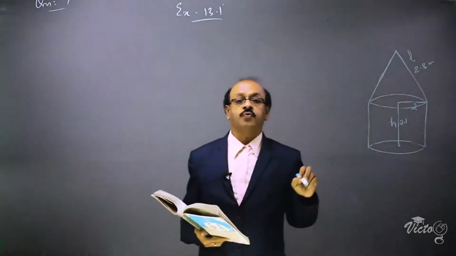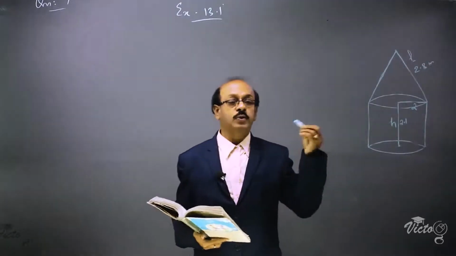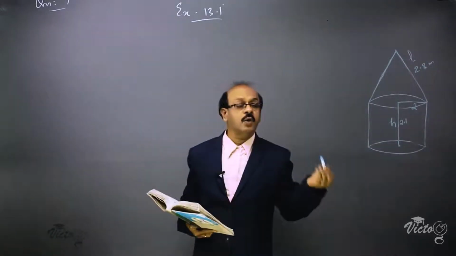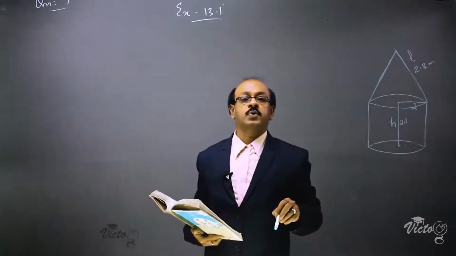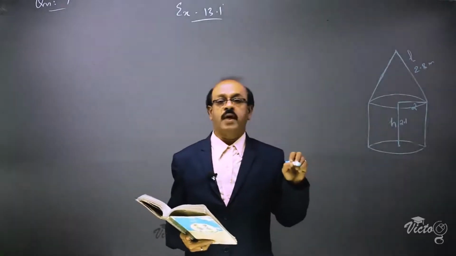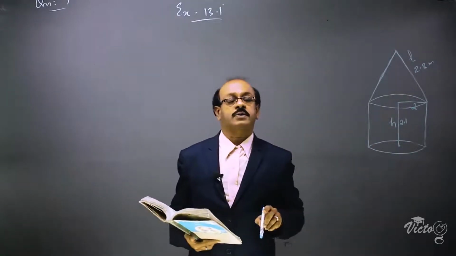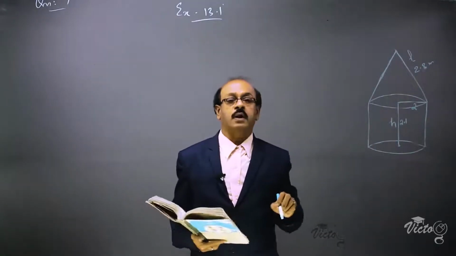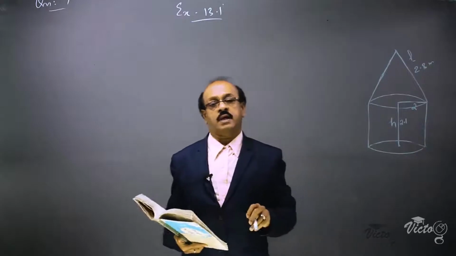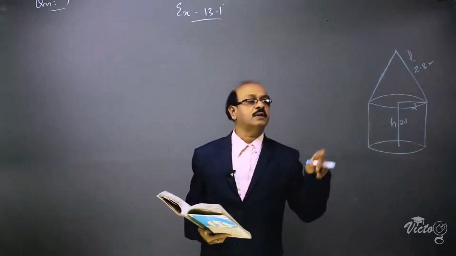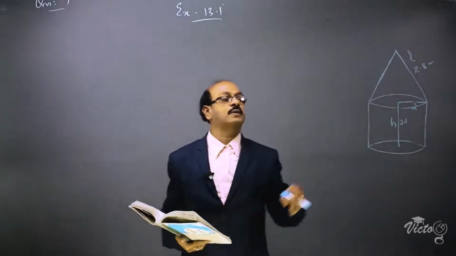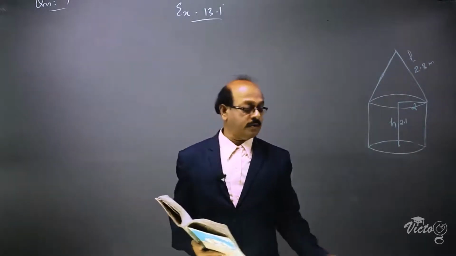Now, we have to find the area of canvas required to make this tent. Remember one thing, that in the base we will not put the canvas. So, there is no need to find the area of the base in case of a tent. We have to find the CSA of the cone and the CSA of the cylindrical part.